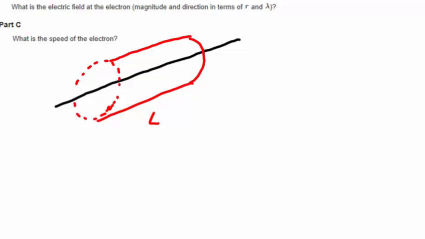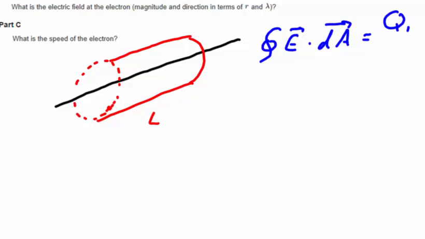As you will remember, Gauss' law says that the closed surface integral of the electric field dotted with a differential area element dA is equal to the enclosed charge, known as Qin, divided by epsilon naught.